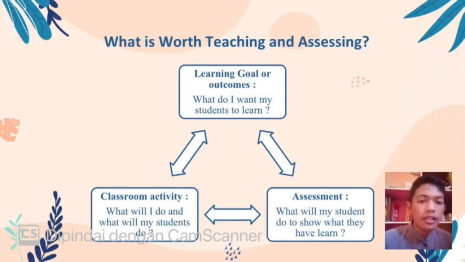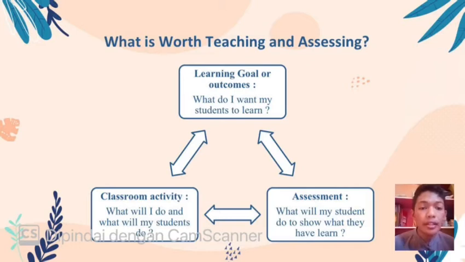After the teacher does all of these steps, from the first, learning goals, and then assessment, the next step is classroom activity. In this classroom activity, the teacher has to think about what the teacher will do and what the students will do.